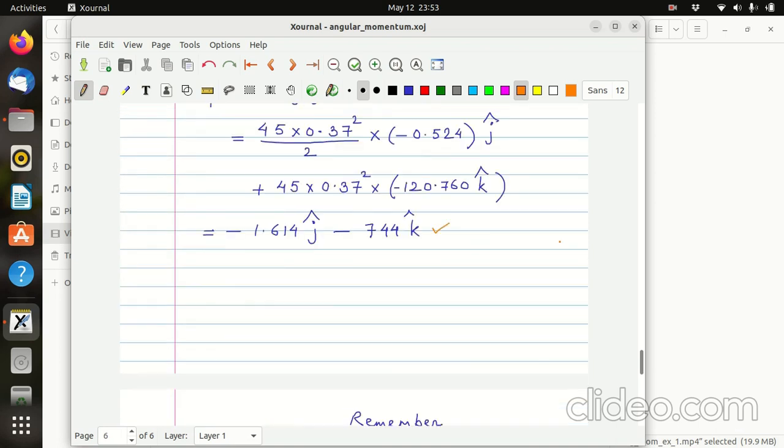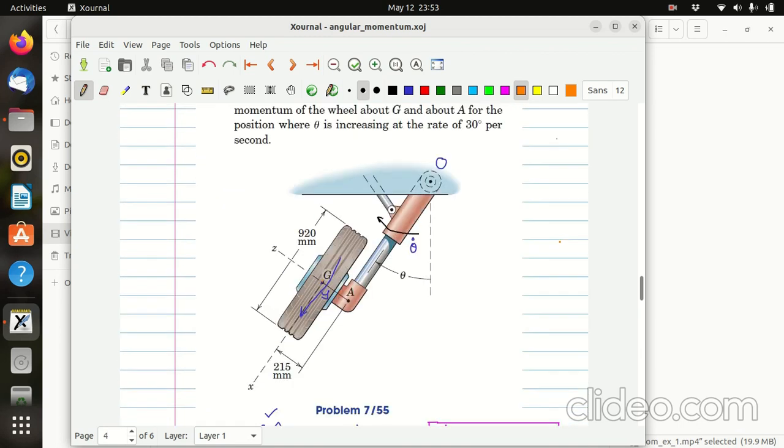The velocity of the center of mass is, see, this center of mass is fixed to this OA. So this G point is fixed to OA. So the velocity of this point is omega cross OG, where omega is the omega of OA.